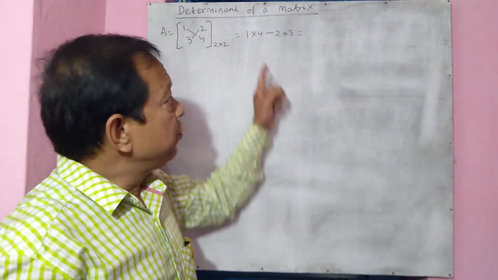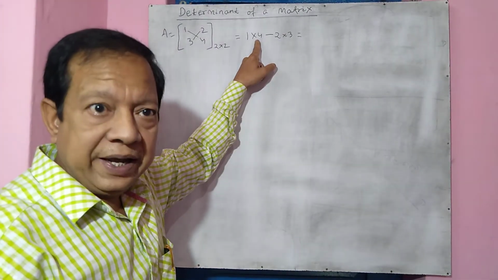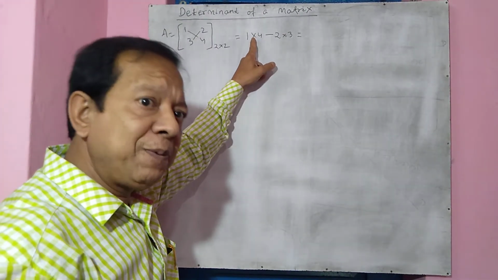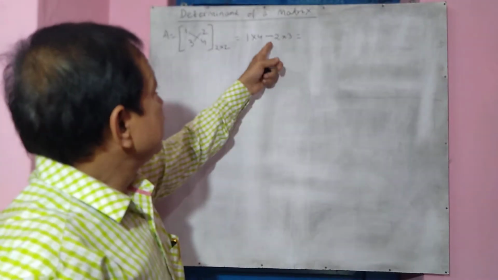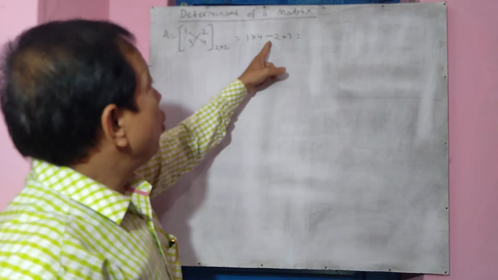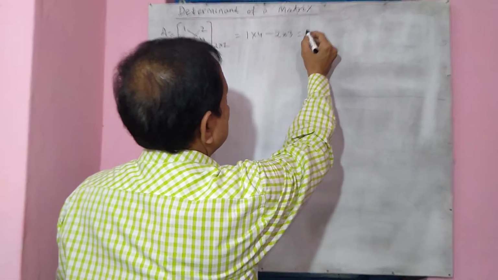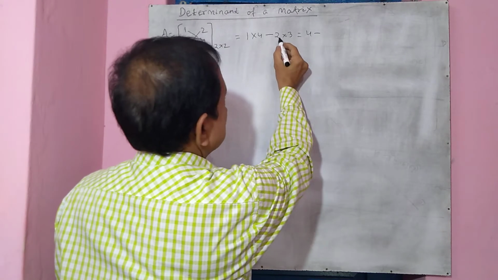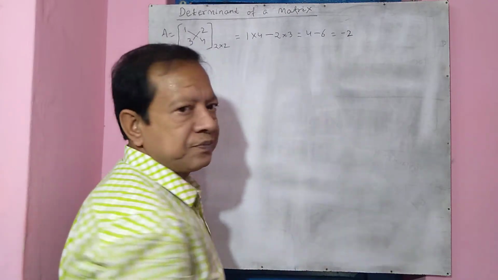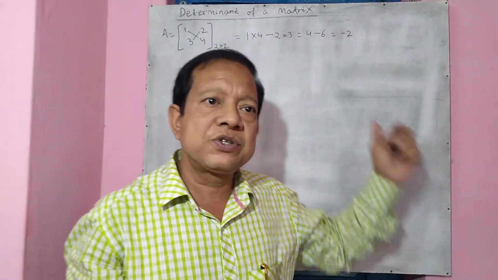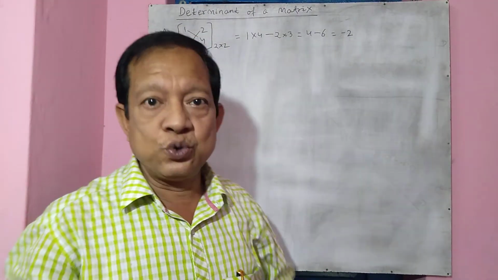So 4 minus 6 is equal to minus 2. So the determinant of this second order matrix 1, 2, 3, 4 is minus 2.